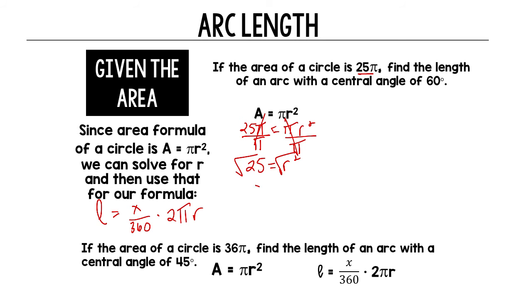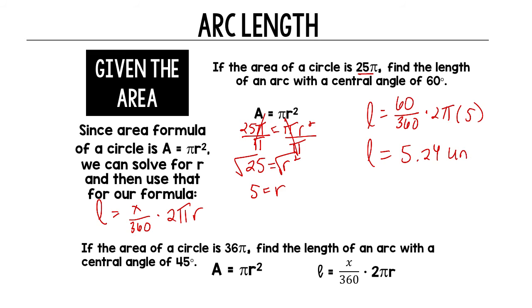Square root each side, our radius is 5. We use the same formula. L is 60 over 360 times 2 pi times 5. That means our L, after we calculate it, is 5.24 units.